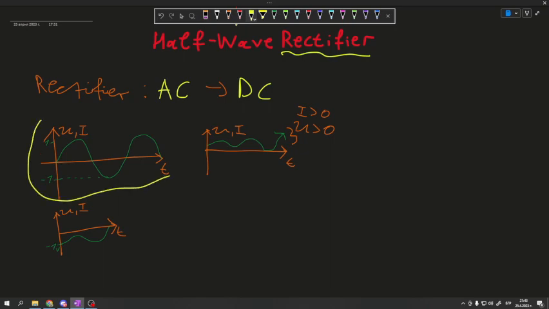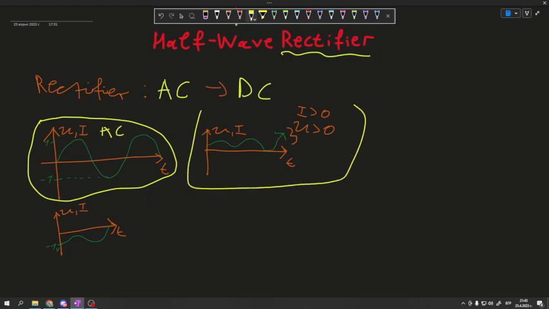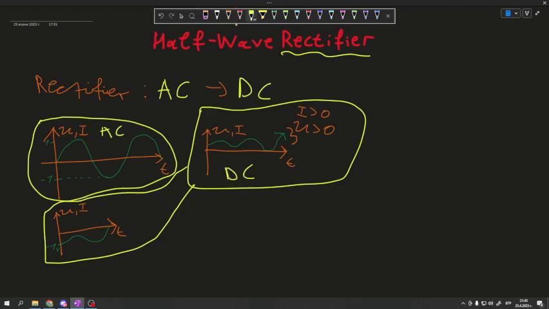That's AC. It can go into negative and positive values. And that's DC, which only stays in the negative, or only stays in the positive values.